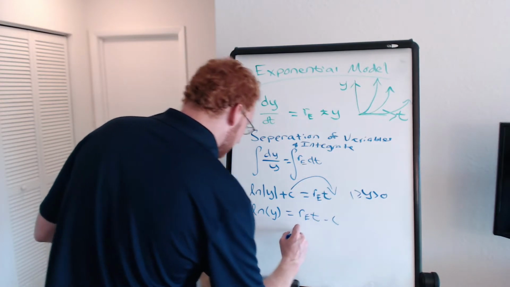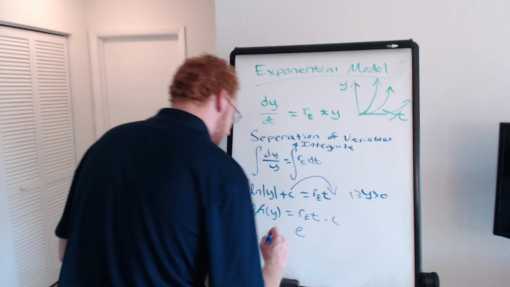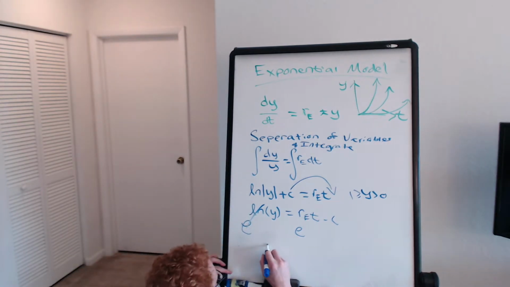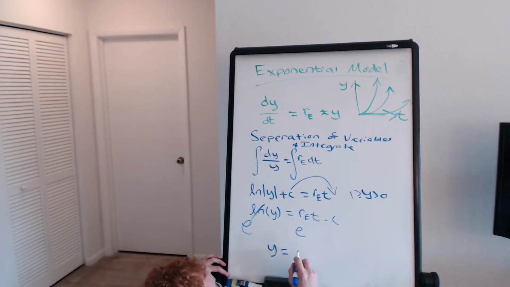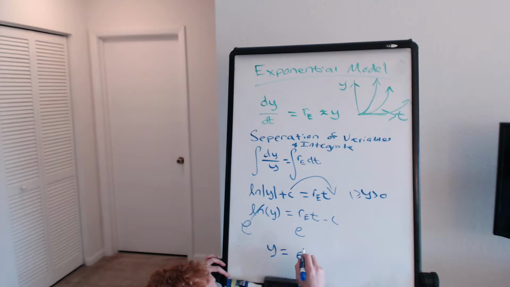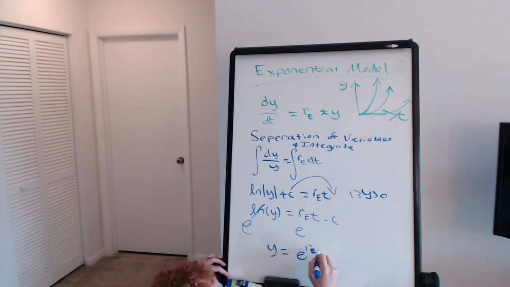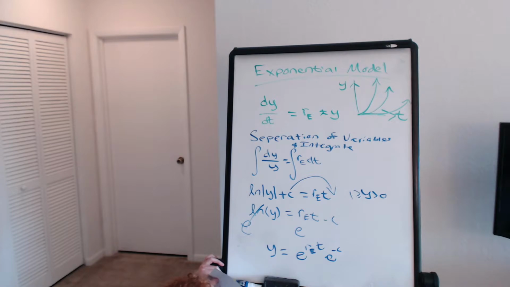Then do e to both sides. We get y is equal to e to the r sub e times t, times e to the negative c. Is that really negative? Guess so.